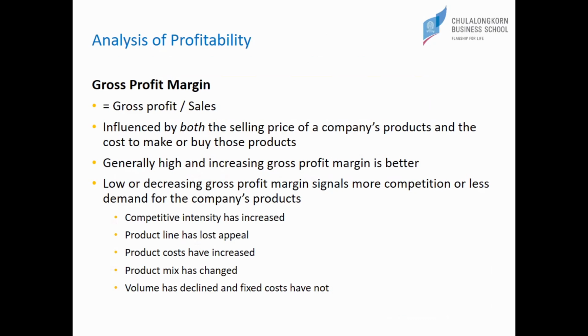So competitive intensity has increased. In this case, the company may have to lower their selling price to try to stay competitive in the market, right? So competition is actually an important factor that impacts the profitability of the firm. Or simply the product line has lost its appeal to the customer. Maybe their product is not cutting edge anymore.